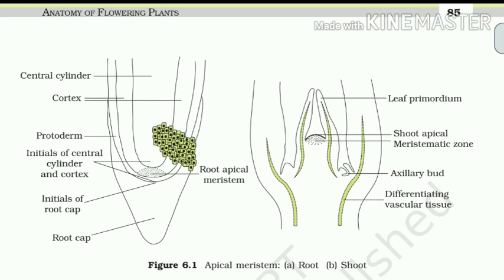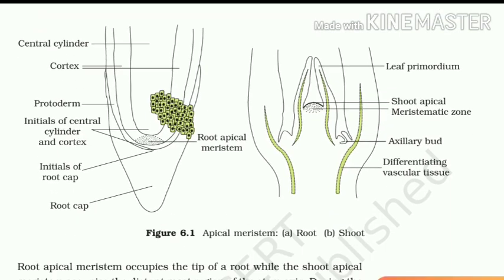This is a representation of where the apical meristem is located, the root apical meristem as well as the shoot apical meristem. Have a look here. This is the root apical meristem, where actively dividing meristematic cells are present in the root portion, as well as the stem portion, which is the shoot meristematic activity.